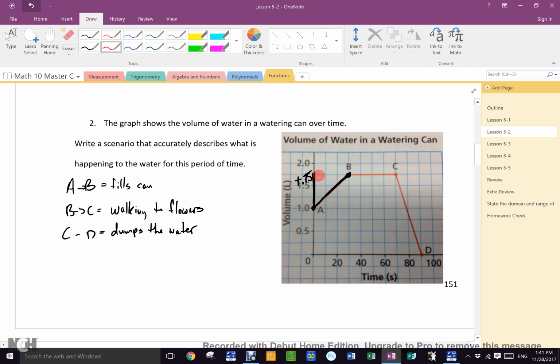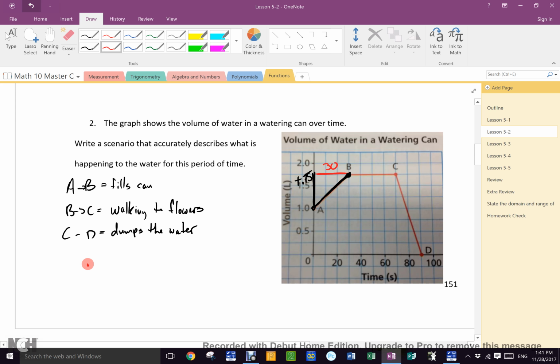What else is changing? The time. What is happening to the time? It's passing. At what rate? How many seconds? 30. Agreed? So, what do I have there? I now know that in 30 seconds I can fill the water bottle 0.75 of a liter, yes?